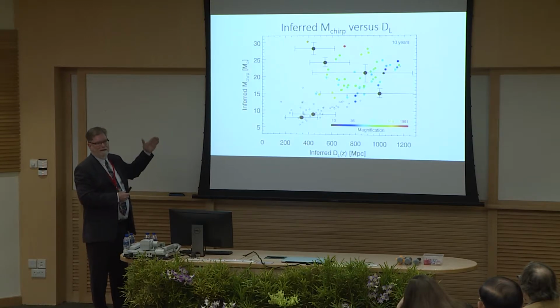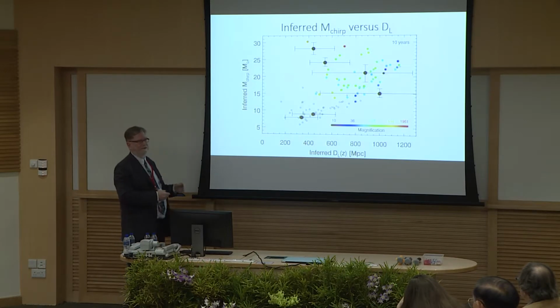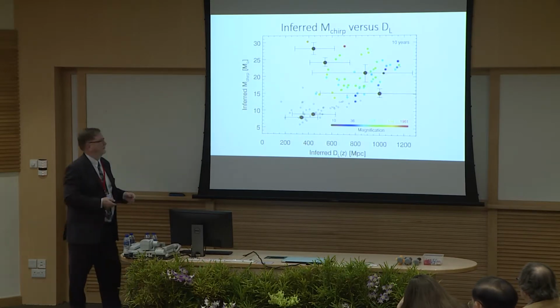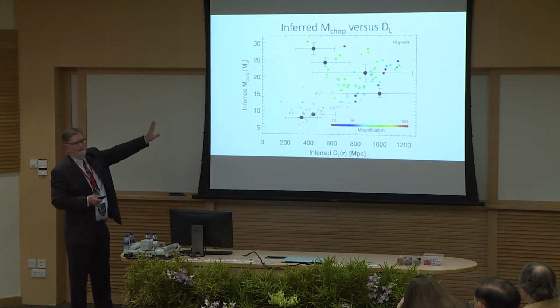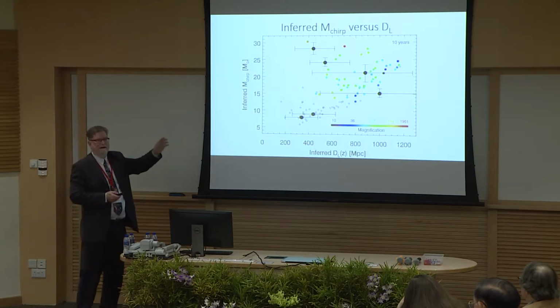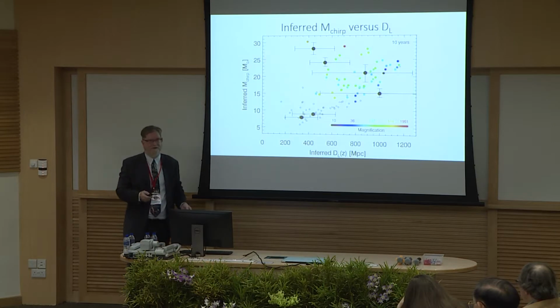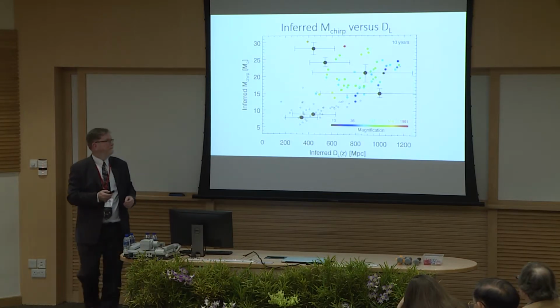If that run last year had run for 10 years instead of for 1 year, well, how many events would you see, what that plot should look like. And this is the inferred chirp mass. So there's a 1 plus z, and this is the inferred luminosity distance. It again has a square root of magnification that I have to put into it.